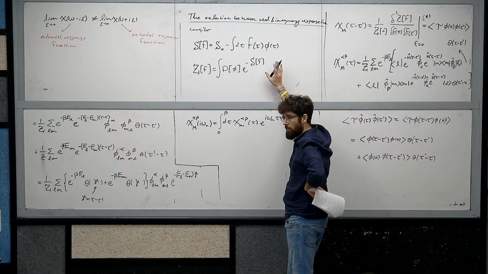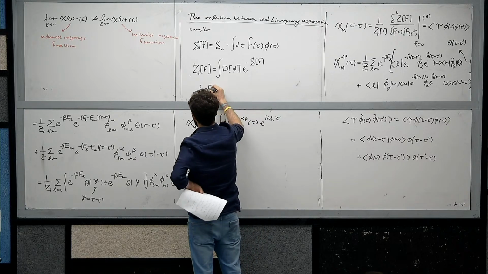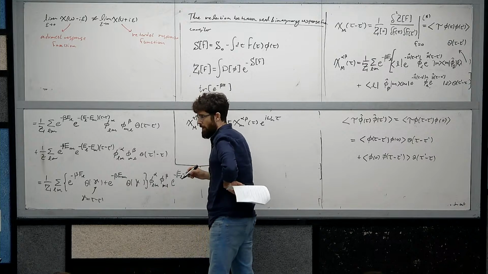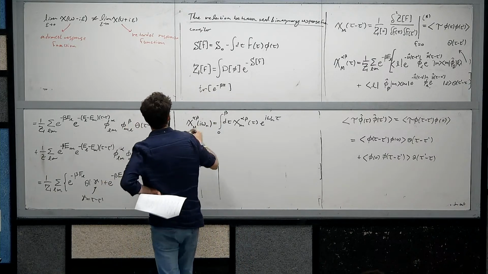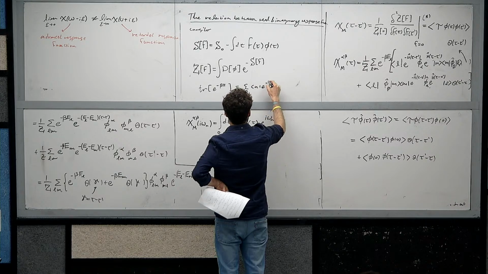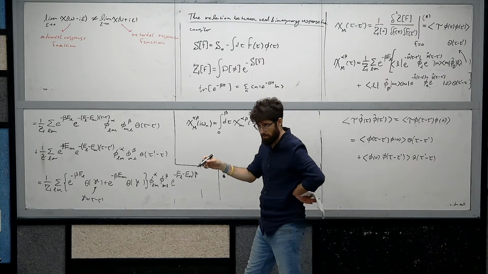Now I remind you that the way we did it was that we started from a trace over e to the minus beta H, and then we wrote this as a sum over n of e to the minus beta H_n, and then we opened it up into very small increments. Blah blah blah.